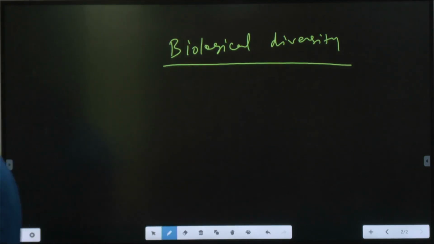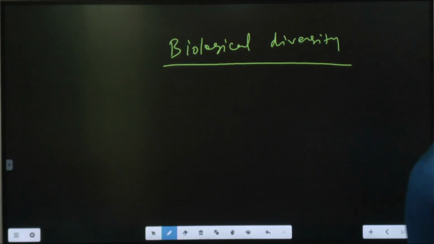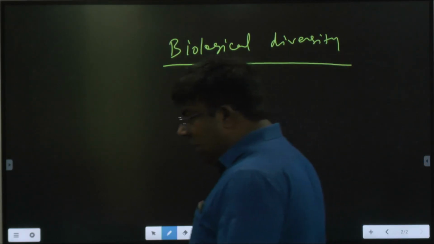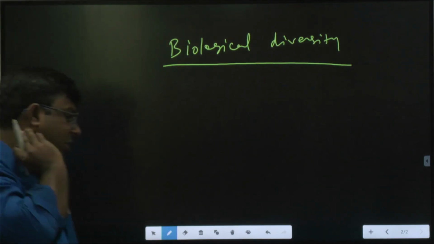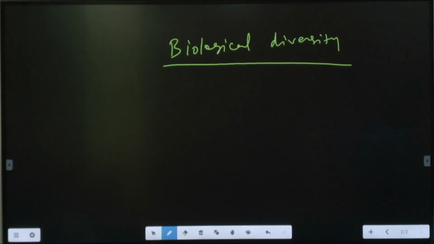The term biodiversity should be written in quotes. The term biodiversity is generally discussed in form of species diversity, right?